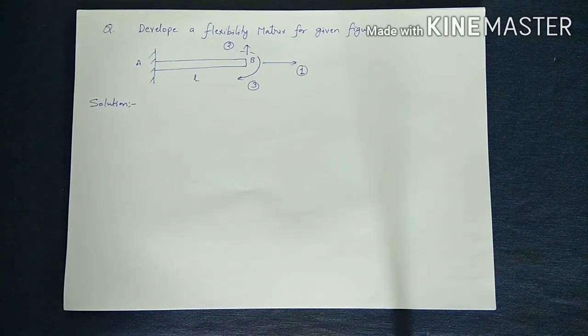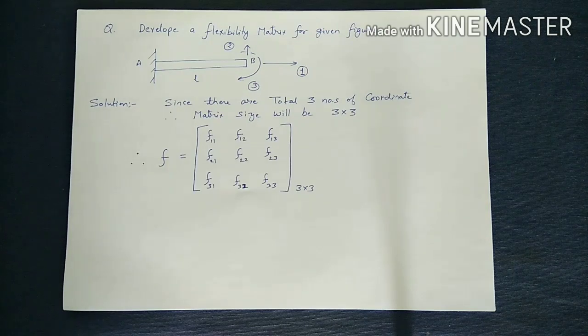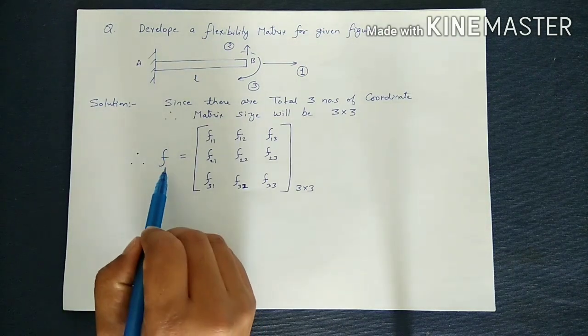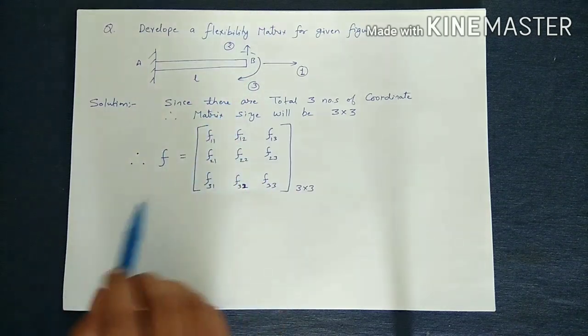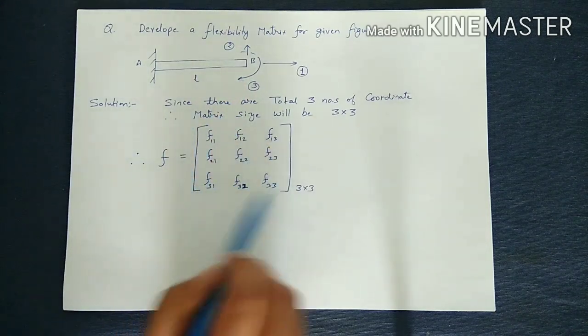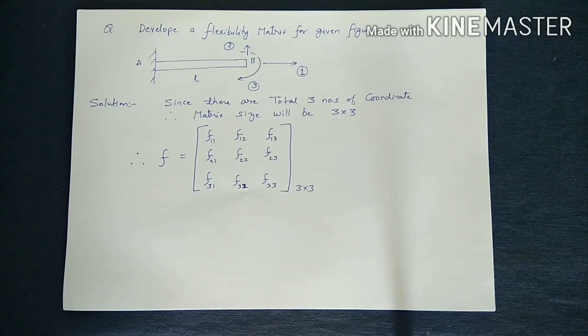Since there are a total of 3 coordinates, the matrix will be 3 by 3. Therefore the flexibility matrix for these coordinates will be a matrix of 9 elements. So as I have taught you earlier, we have to start from the first column.